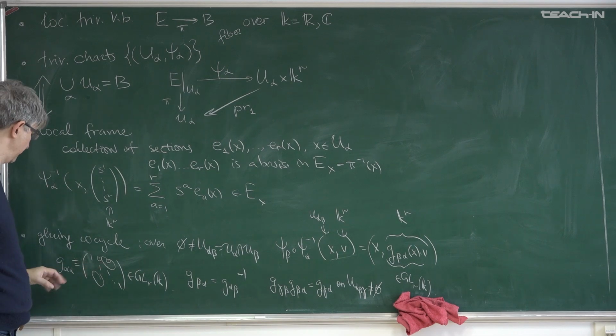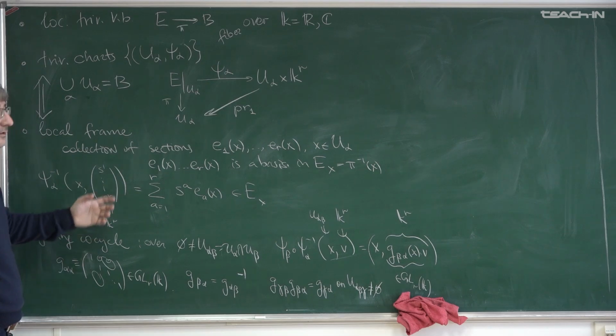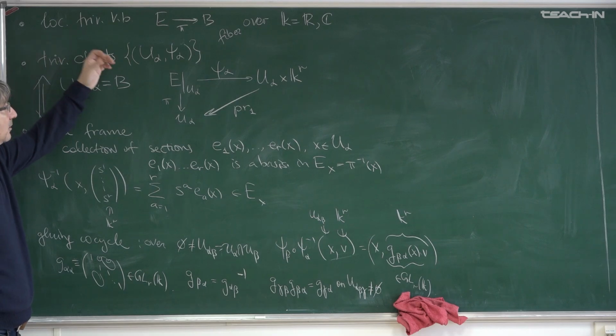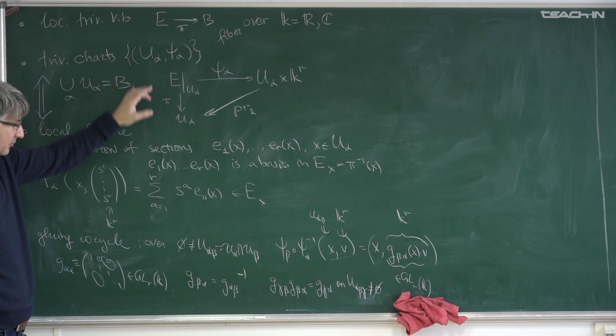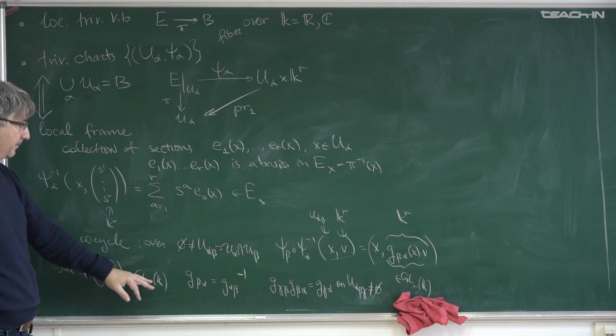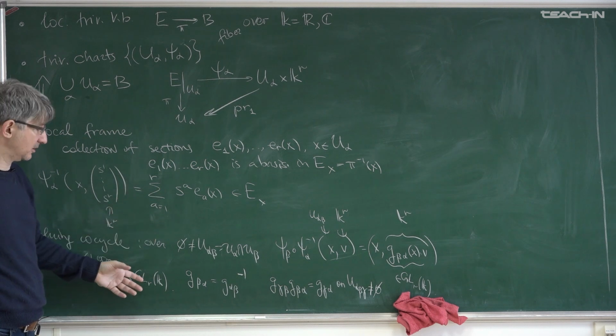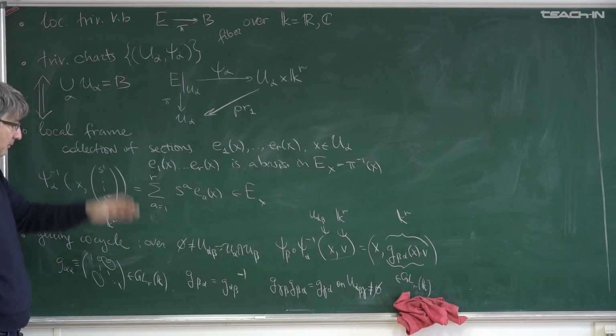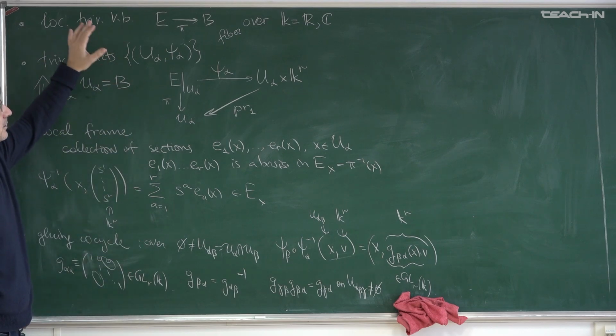One can say that the collection of gluing cocycles is a little bit bigger than the collection of vector bundles, because one vector bundle can be trivialized in many ways, so you can obtain many gluing cocycles. And it could happen that if you take different gluing cocycles and construct a vector bundle, you will obtain the same, isomorphic vector bundles.